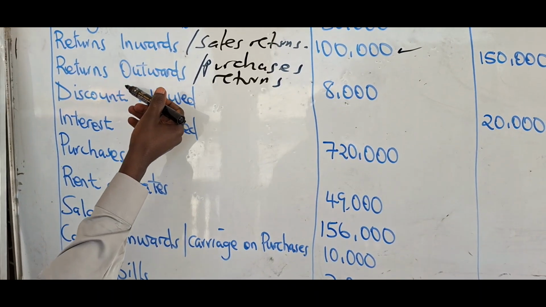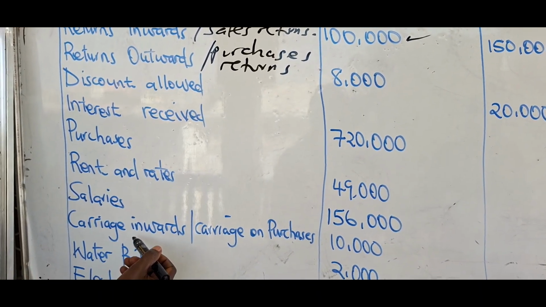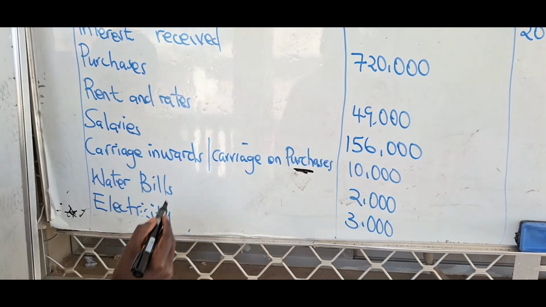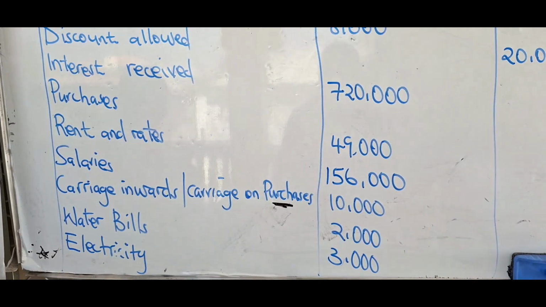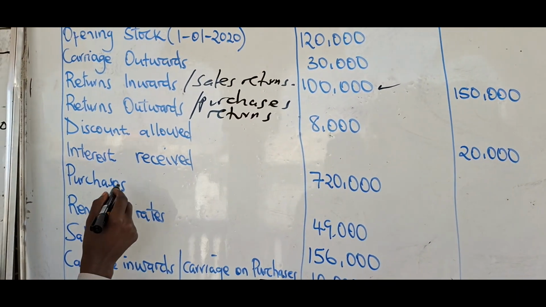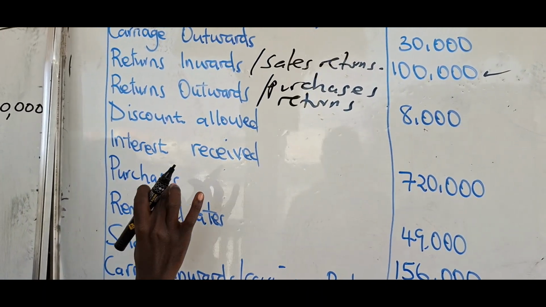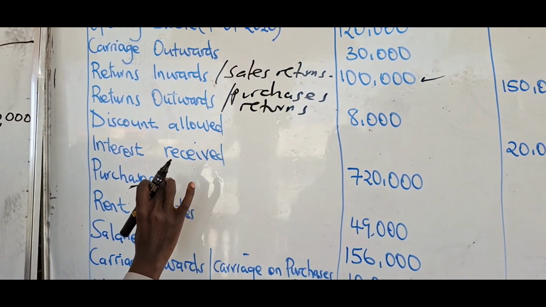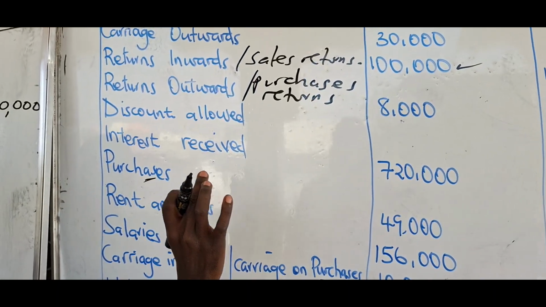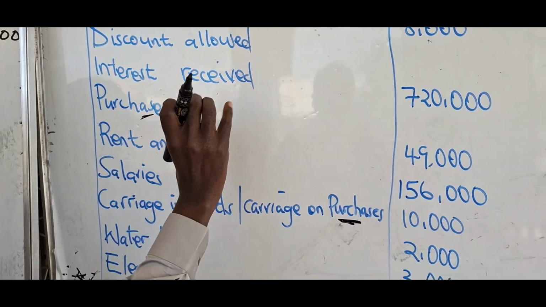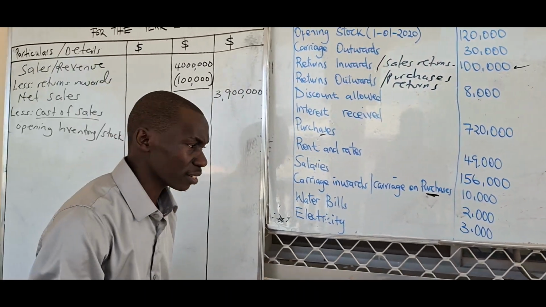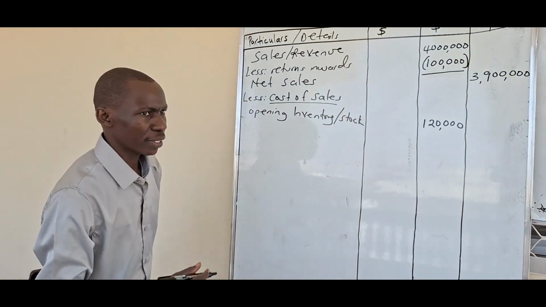Then carriage inwards or carriage on purchases, still we have this. And there is even purchases. So we are going to deal with returns outwards or purchases returns, purchases themselves, and even carriage. We have to deal with those also so that we can determine the net purchases.